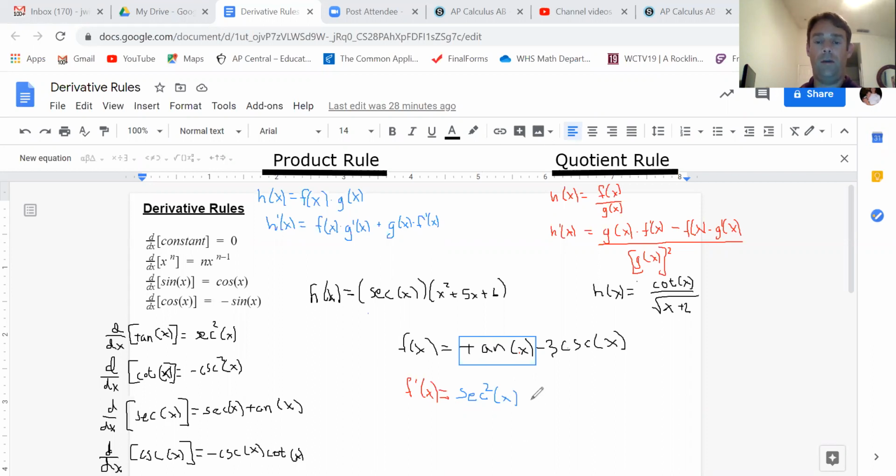And then we're going to add, I lied, we're going to subtract 3. And we're going to now go ahead and figure out what is the derivative of cosecant x. So I go find that over in my little formulas. And when I find it, I can write it in. That's times negative cosecant cotangent.